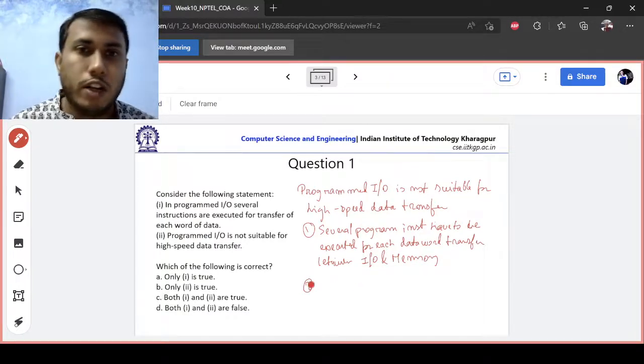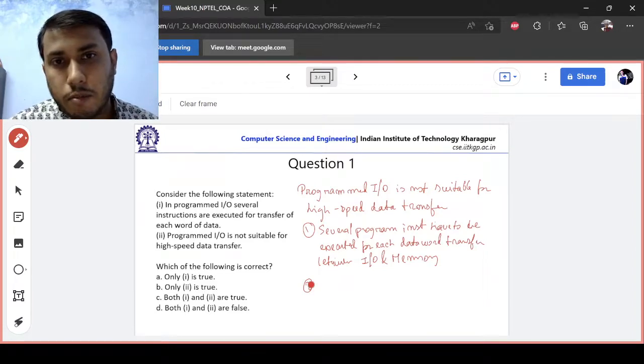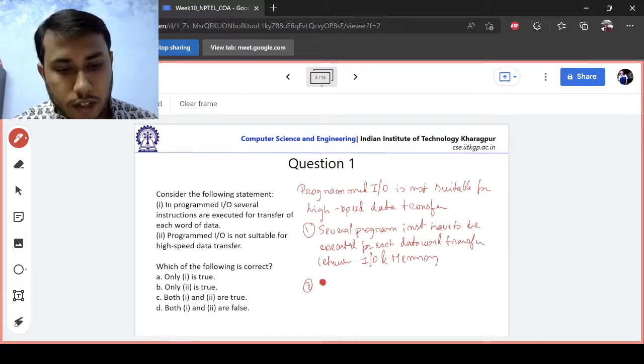So it is not a continuous process. Several program instructions have to be executed for each data word transfer between I/O and memory. There is another reason.